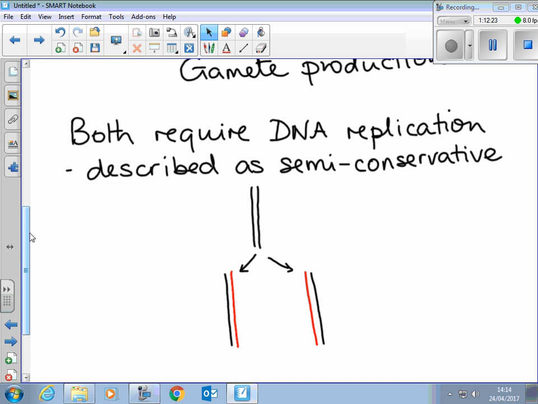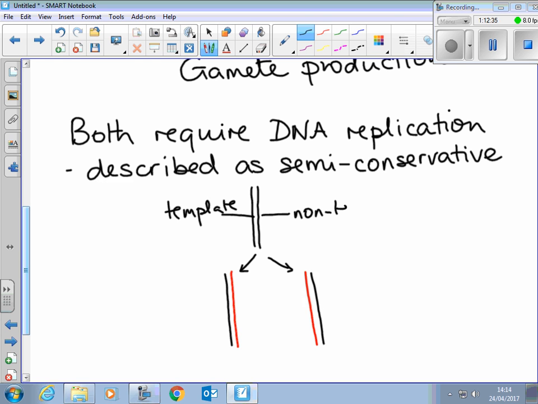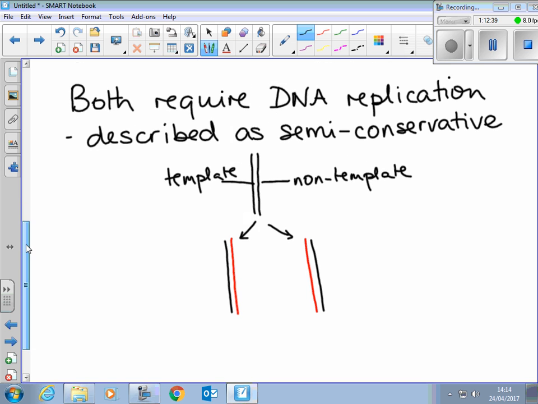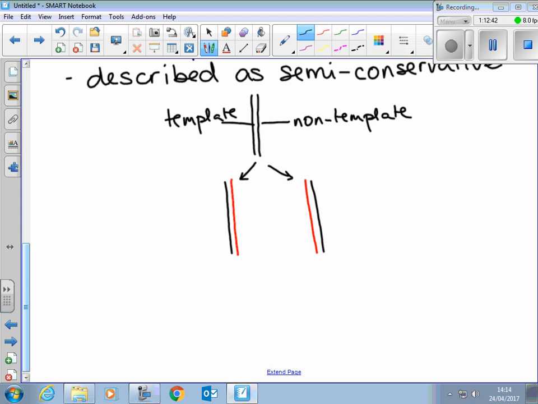If this is the template, and this is our non-template, then what you get, of course, is this one will be a new non-template, built up against the original template strand, because we know about base pairing, which is how this all happens.